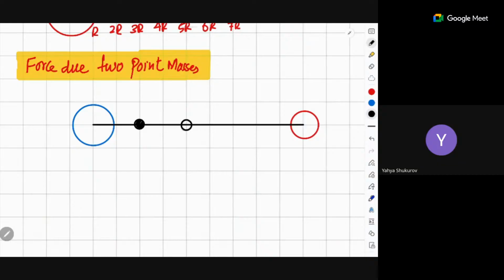I have just placed this mass at different positions, and let's say it is here, and let's say it is here. So these are some important positions right now: position 1, then position 2, then position 3, and then position 4. Now, this blue planet will attract this small mass towards itself.